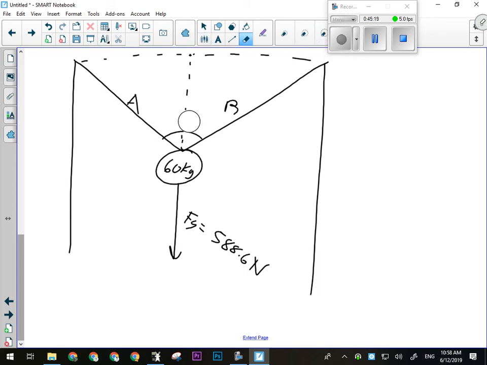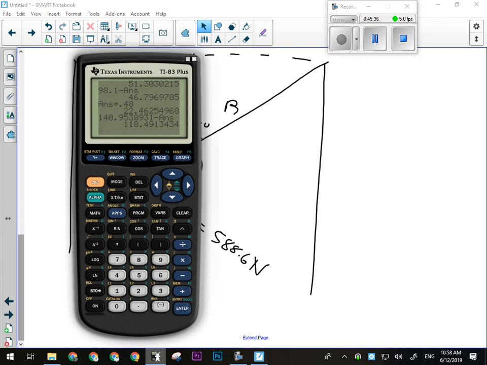It's not 110 degrees. Each cable is 55 degrees. And this line here is half of this number, for each cable. Since I was only asking about one cable, I only want half that number. So I take that 588.6 and I divide it by 2. So I get 294.3.